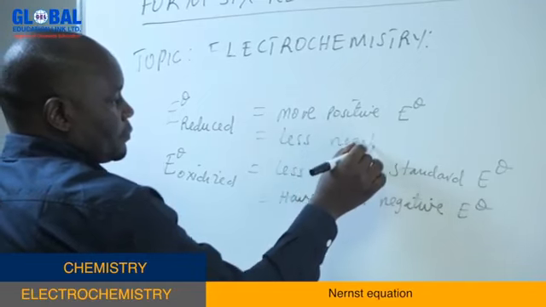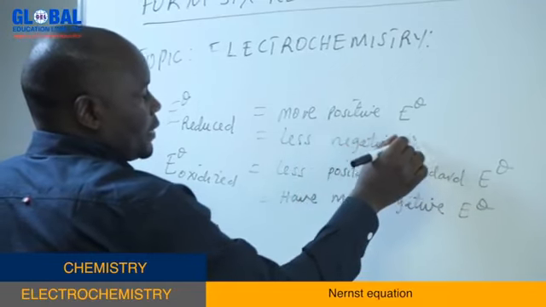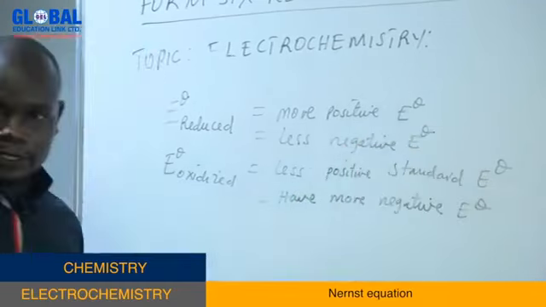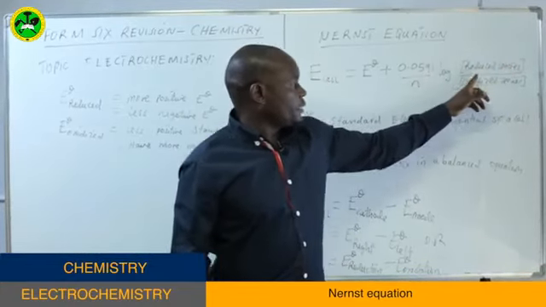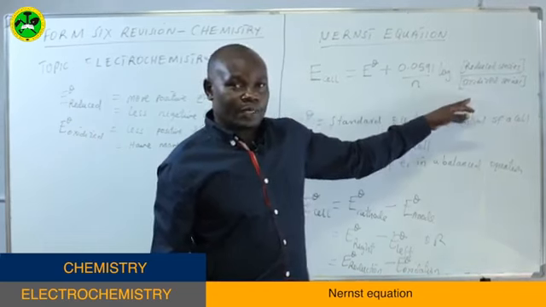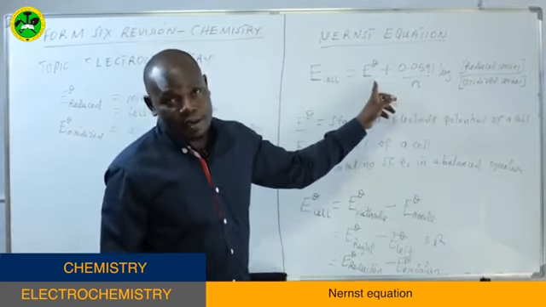But also mind you that if the species oxidized becomes the numerator and the species reduced becomes the denominator, then the sign here will change and be minus.